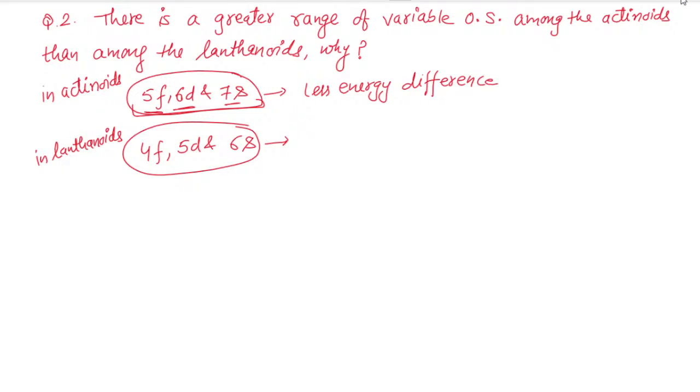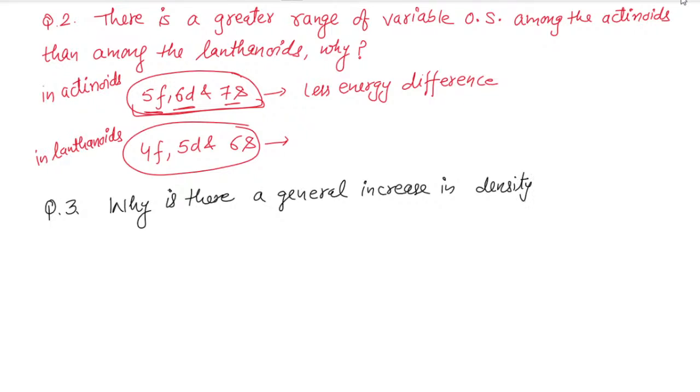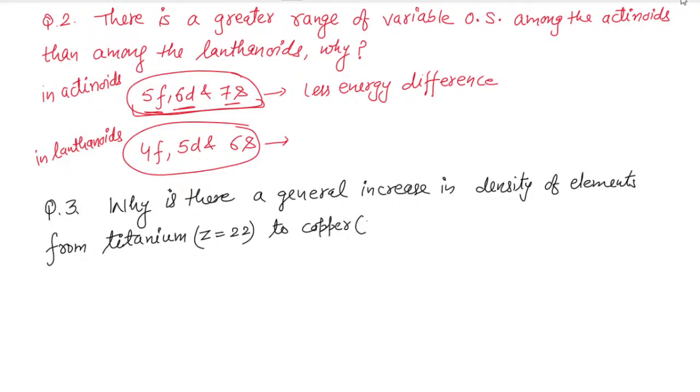Now question number 3. Question number 3 is, why is there a general increase in density of elements from titanium, that is Z22, to copper, that is Z29?